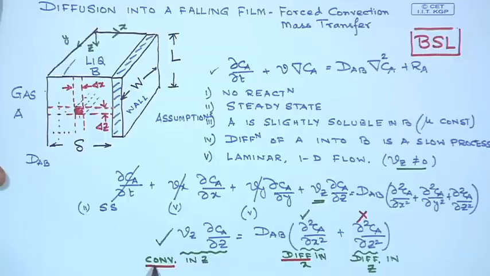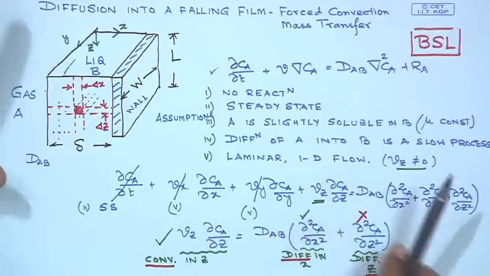And since convection predominates over diffusion in the z direction, the contribution of diffusive species transport in the z direction can safely be neglected in comparison to convection in the z direction or diffusion in the x direction. So, if you are comfortable with this, then we can proceed to solve it. We can try to solve it, but it is important to understand what is important in any transport process.